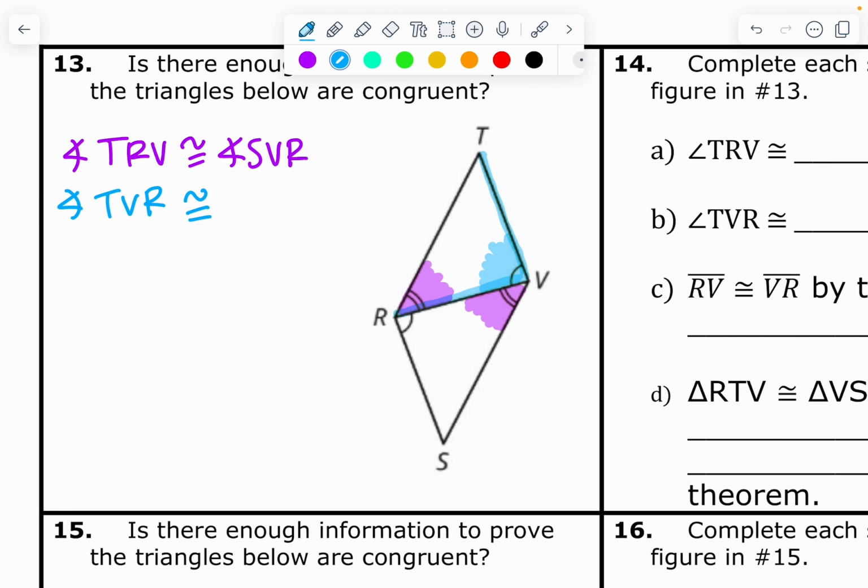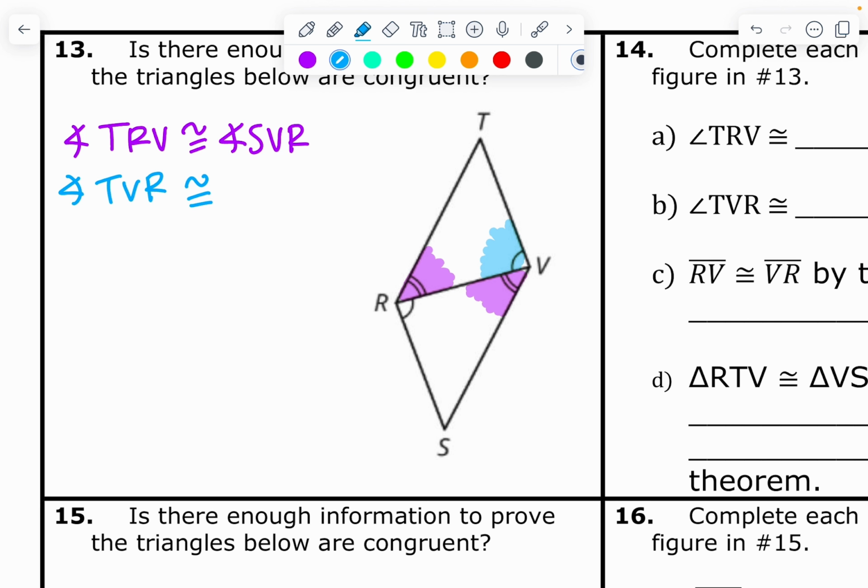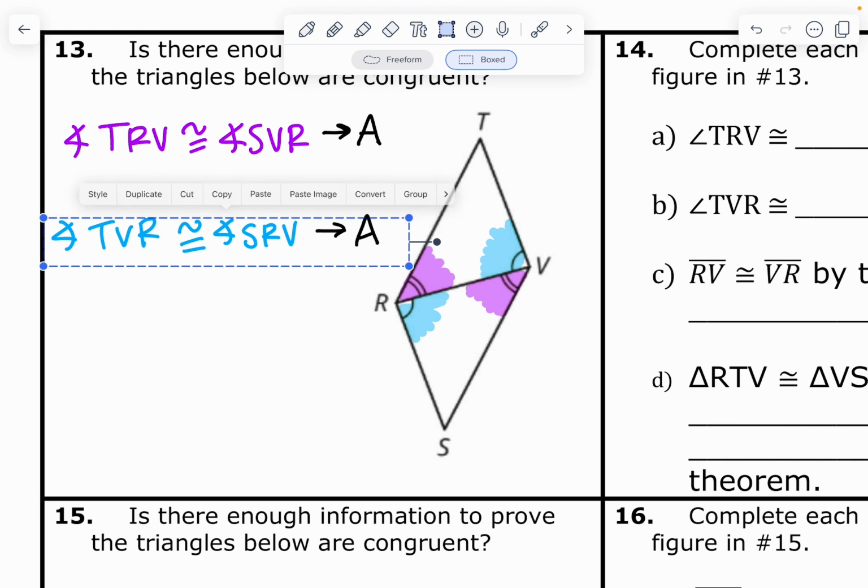And that's congruent to angle SRV, which is this angle right here. So we have two angles, right? That's an angle, that's another angle, and there's a side between those angles right here.